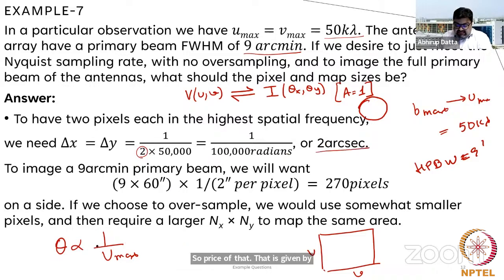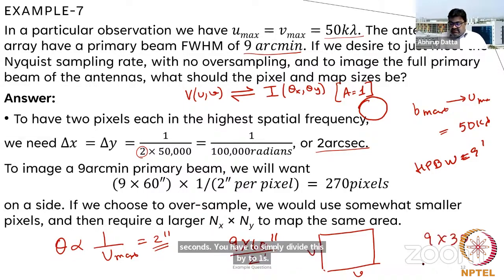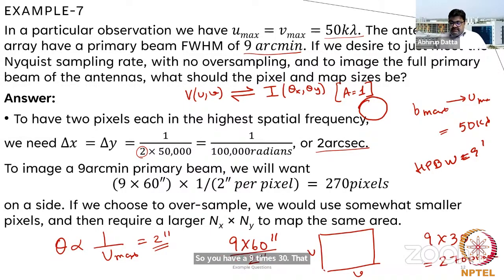So delta x or delta y or theta is 2 arc seconds. Now to image the primary beam, you have a primary beam size of 9 arc minute, or 9 times 60 arc seconds. With each cell being 2 arc seconds, you simply divide by 2 arc seconds. So you have 9 times 30, which is equal to 270 pixels.